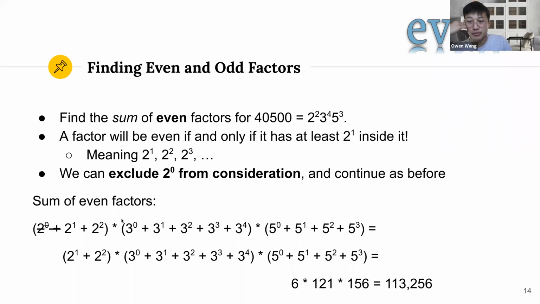That's still an even number. Having 3 to the 0 didn't change anything. So if there's 3, 5, 7, or other prime factors, we can just proceed as normal. The only special one is 2, because the presence of 2 indicates whether or not it's even or odd. Okay, next slide.